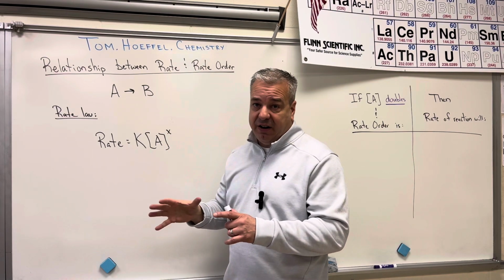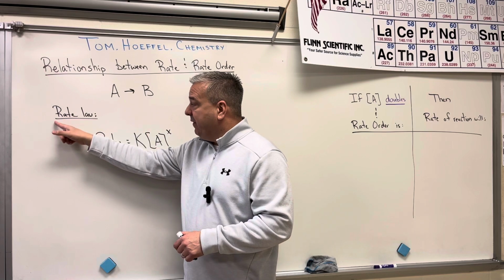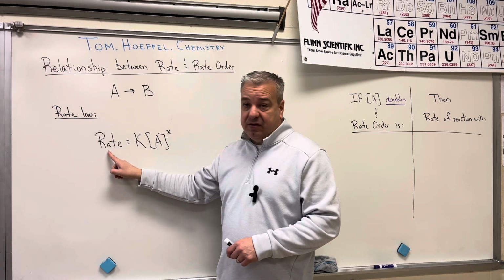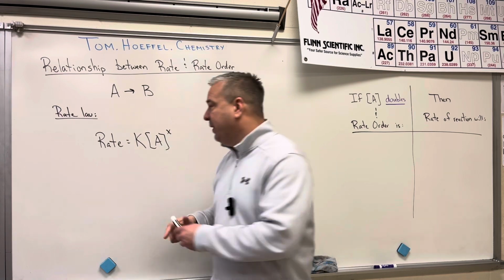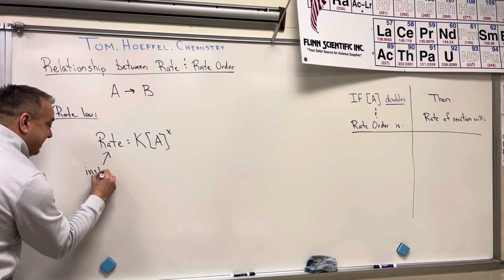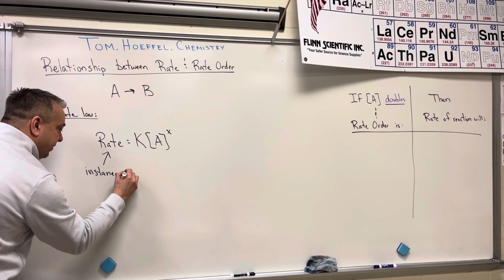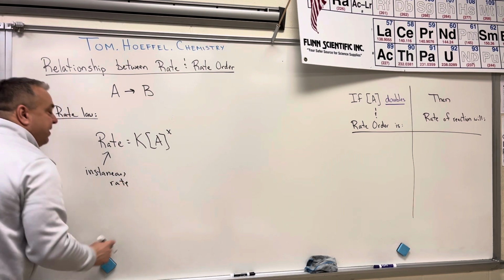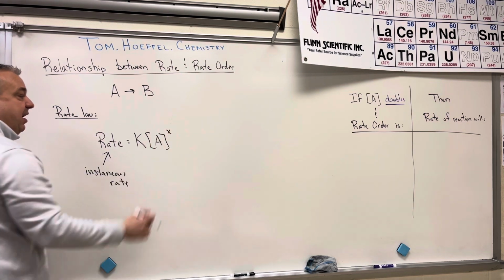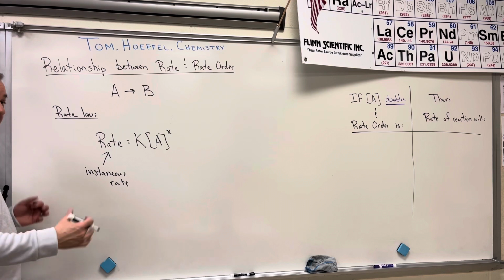Some of the words that are kind of similar: we have something called the rate law, which is this whole equation. Now this rate is no longer an average rate. This rate is what we would call an instantaneous rate, and it's dependent on the concentration here, if this exponent is something other than zero.